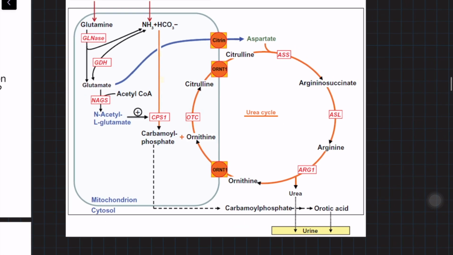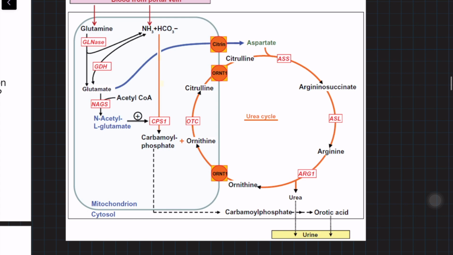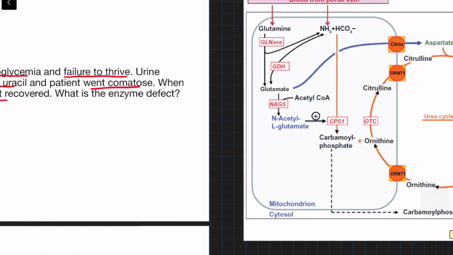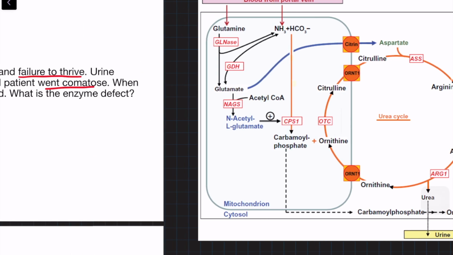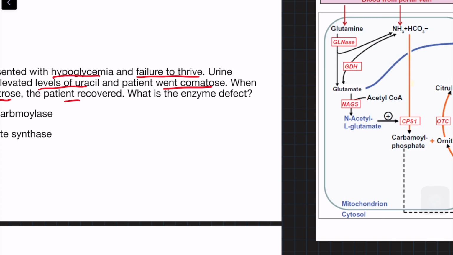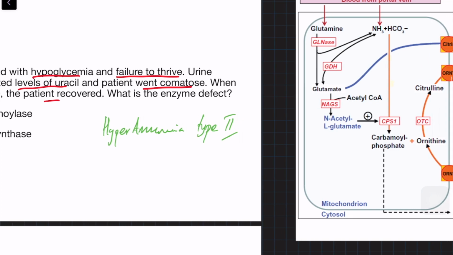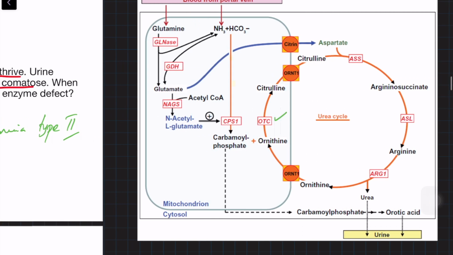The answer to this question is the defect in ornithine transcarbamylase, which is hyperammonemia type 2. Hyperammonemia type 2 is the answer, and the enzyme defect is ornithine transcarbamylase.